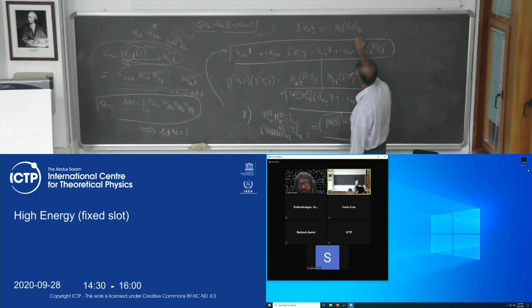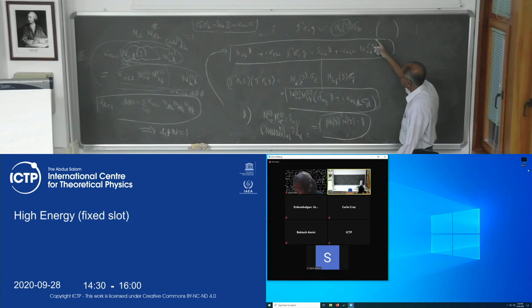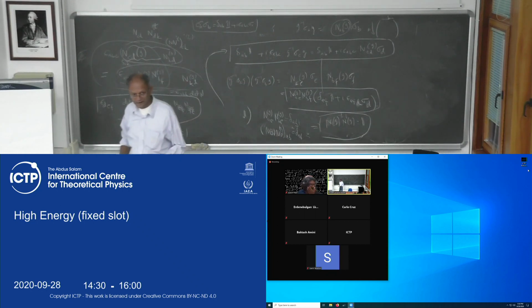So there is summation over B, but that summation is understood. The coefficient depends on A and G. But then I just decided to arrange these coefficients as a 3 by 3 matrix. And we find that this matrix is orthogonal and determinant equal to 1.